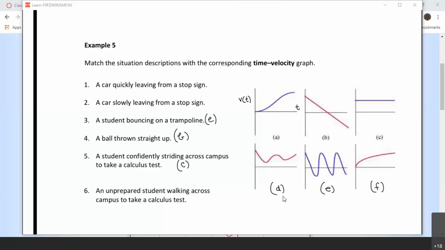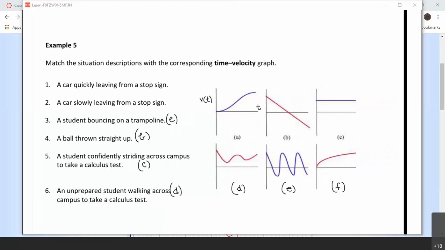But it's not a regular graph like the trampoline, so it shows a certain amount of hesitation. So I'd say that's D. Now we have our stop sign situation. Those are the only 2 that are left. A car leaving quickly from a stop sign has positive velocity, and then maybe at some point you start driving at a constant rate.